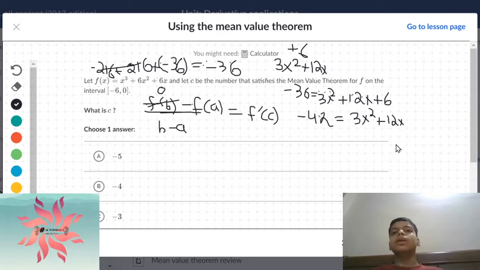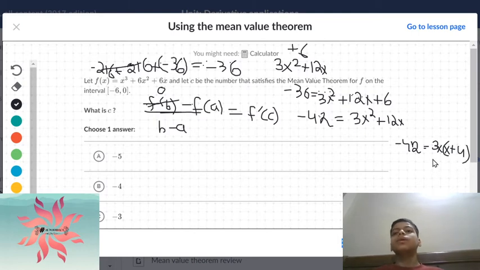It will just be negative 42 is equal to x times x plus 4.